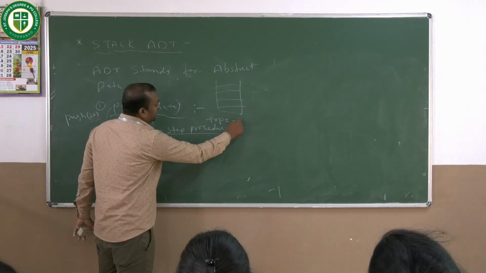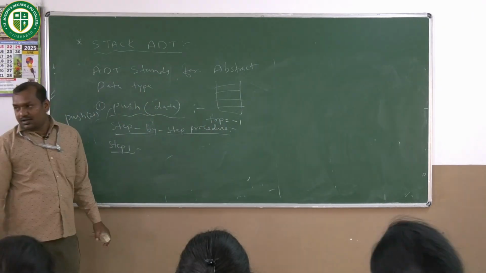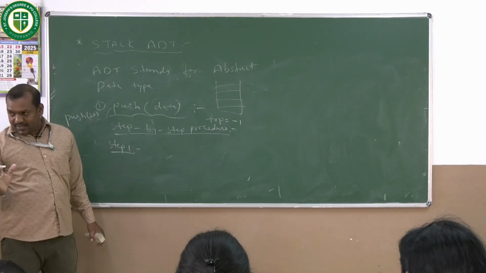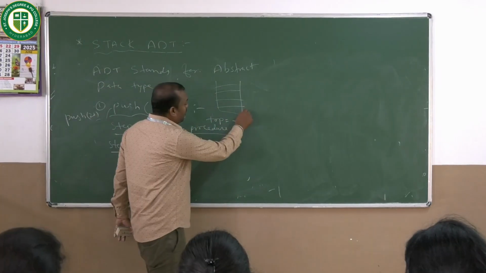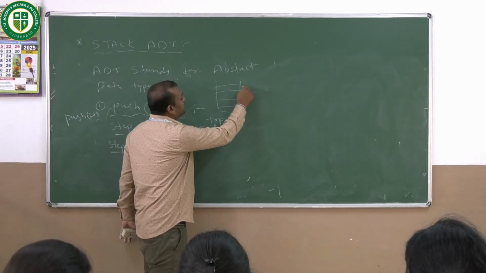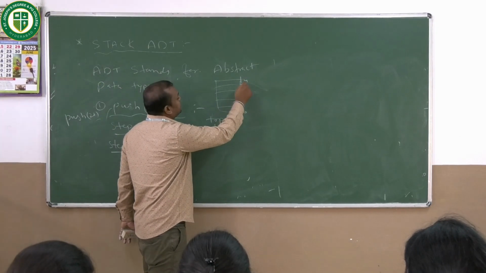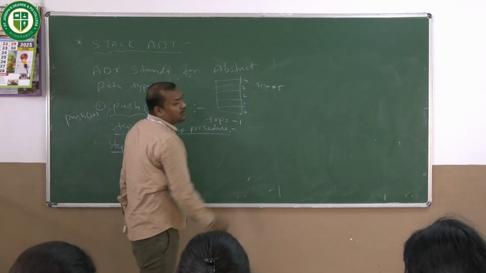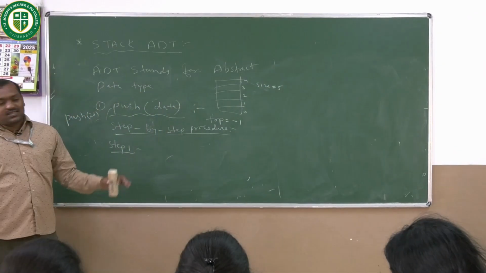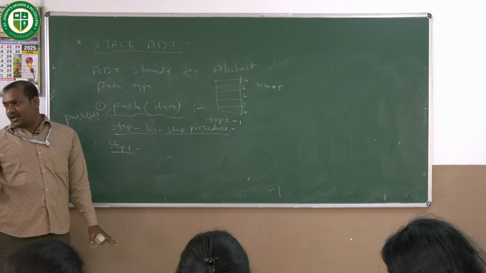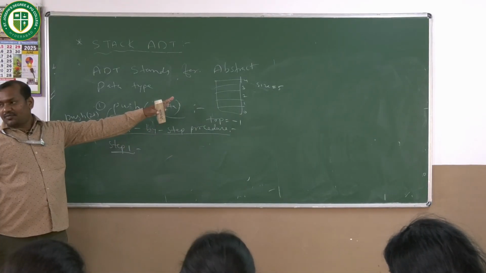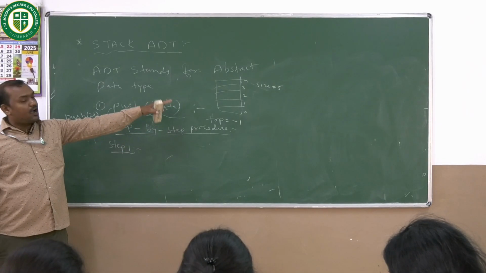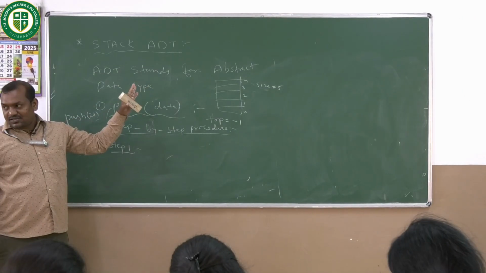When the stack is empty, the top variable equals -1. And just like an array, it has an index. Every block is identified with the index. For example, 5 is the capacity, size equal to 5. So maximum it can take up to 5 elements. If you mention size equal to 50, then you can take a maximum of 50 elements.